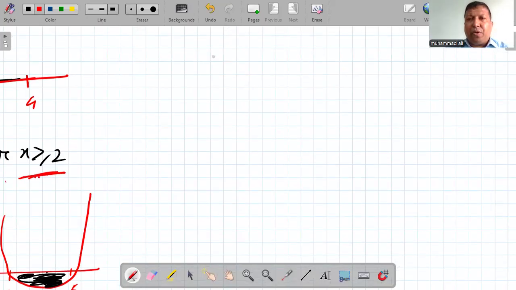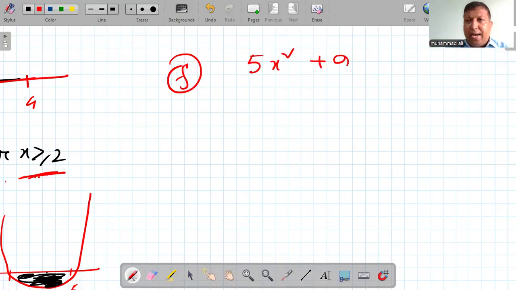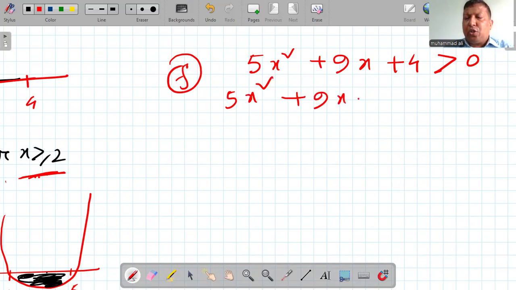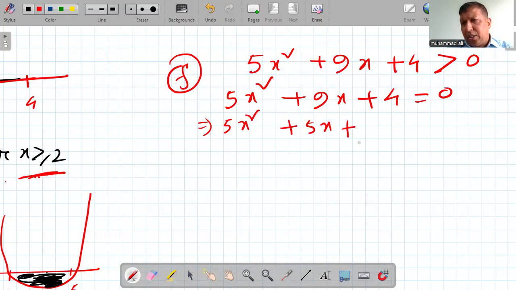Now, the last one, F number. 5x squared plus 9x plus 4 greater than 0. So 5x squared plus 9x plus 4 equals 0. We have to write 5x squared plus 5x plus 4x plus 4 equals 0.